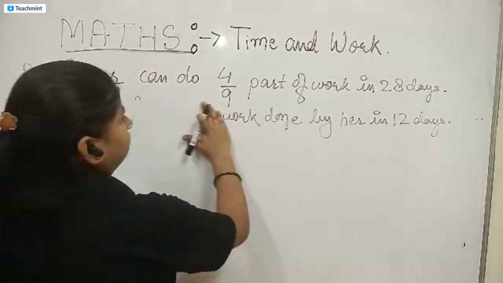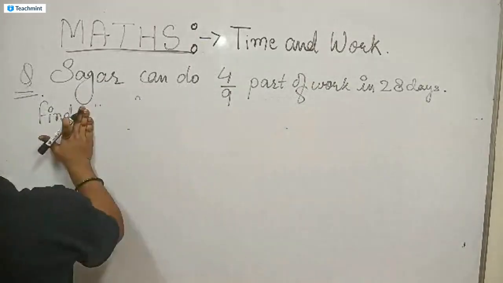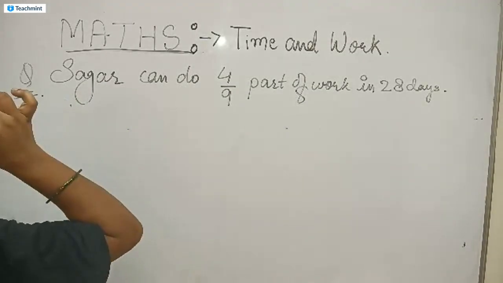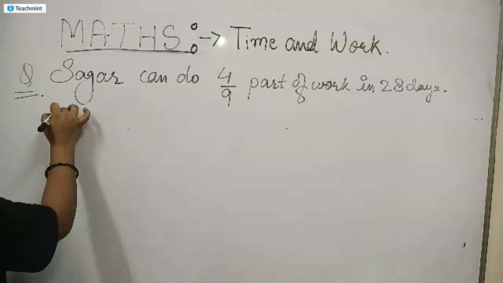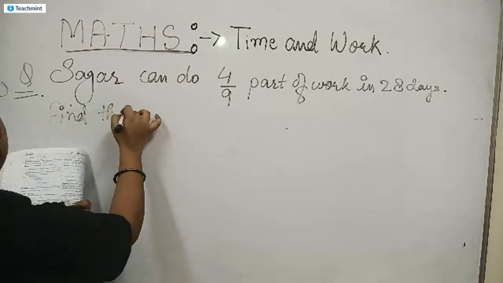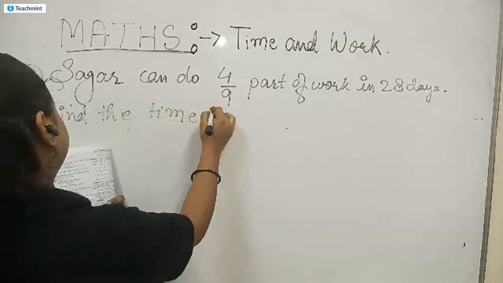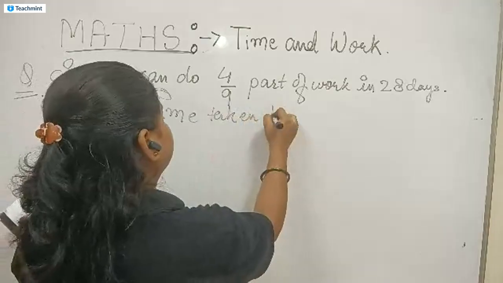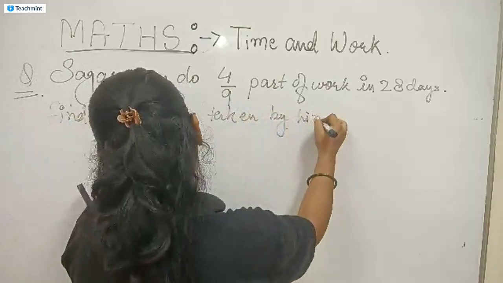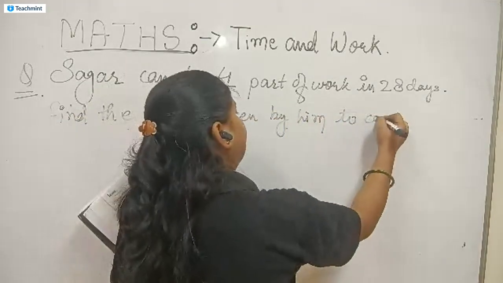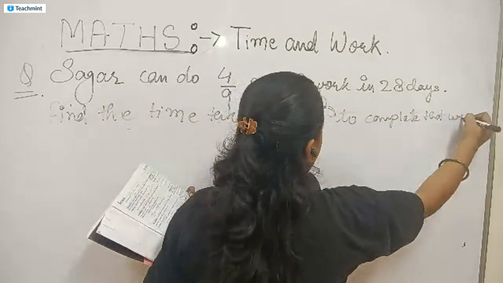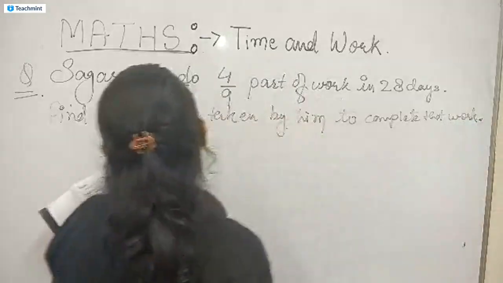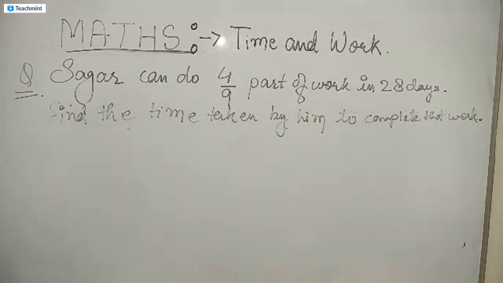Oh, sorry. Sagar can do 4 by 9 part of work in 28 days. Find the time taken by him to complete that work. Okay? Sagar can do 4 by 9 part of a work in 28 days.